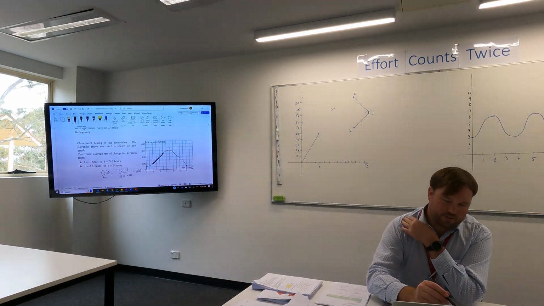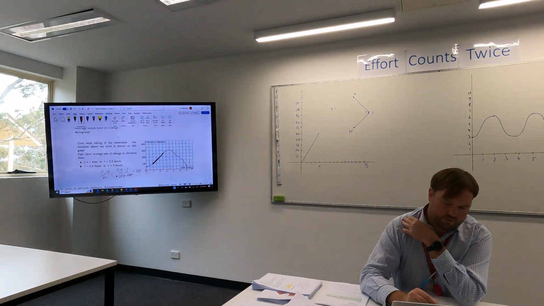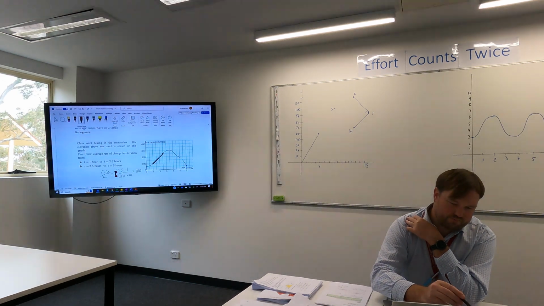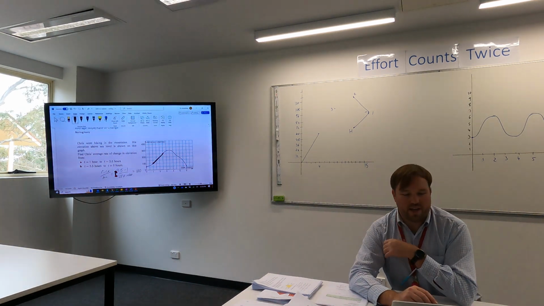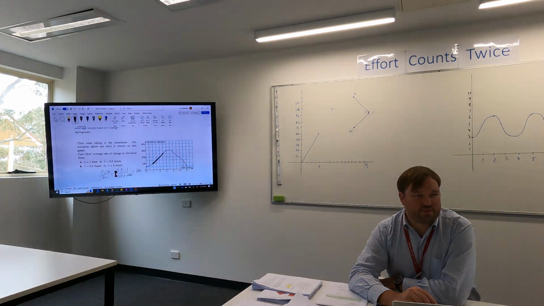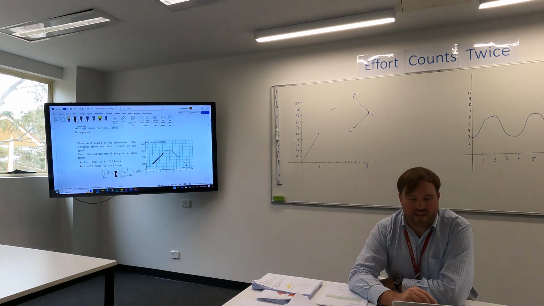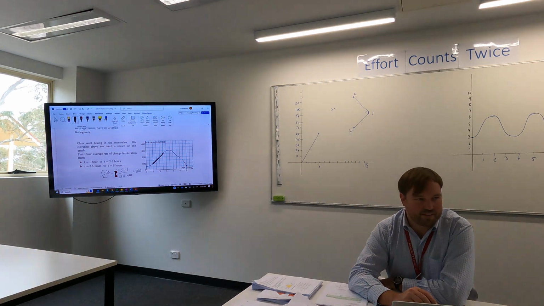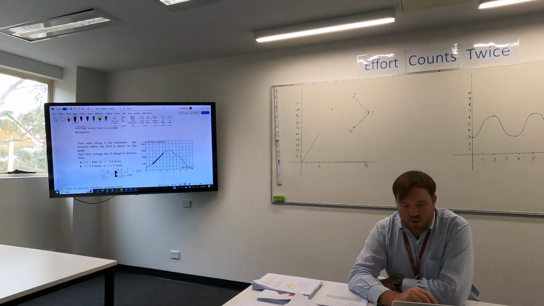Completely reverse those numbers, sorry. Swap those. The rise is the 250 and the 100, and the run is the hours. Don't know why I wrote them the wrong way around, because I knew the answer should be 100.